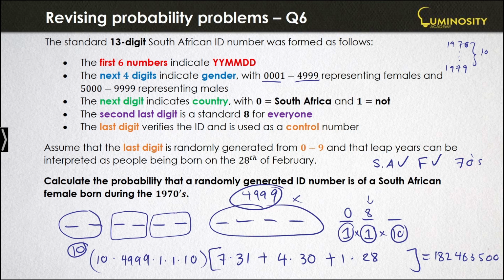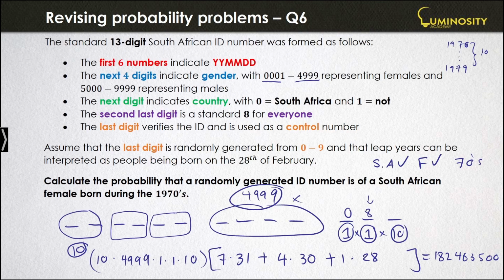So that's 182,463,500 unique ID numbers for a female who was born in the 1970s and was also born in South Africa. Okay, so that's the total number. So let's go ahead and put that in.